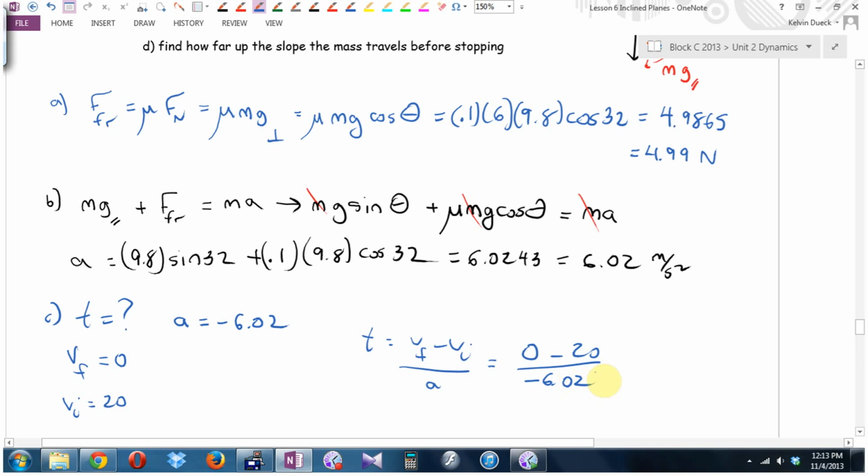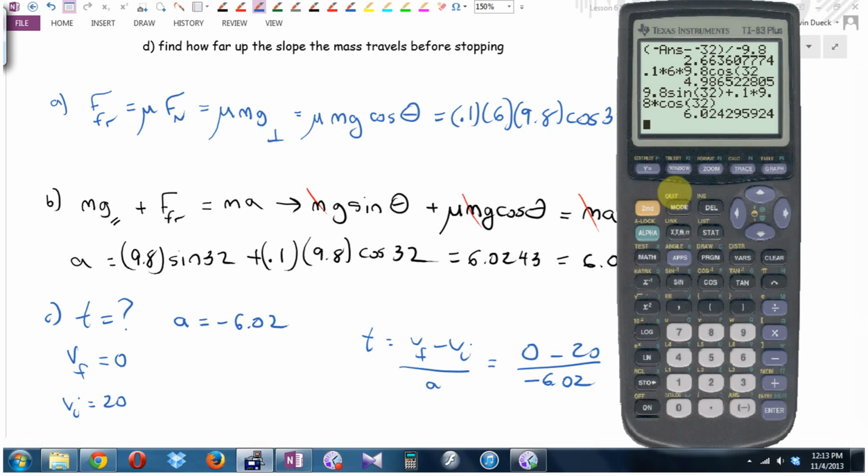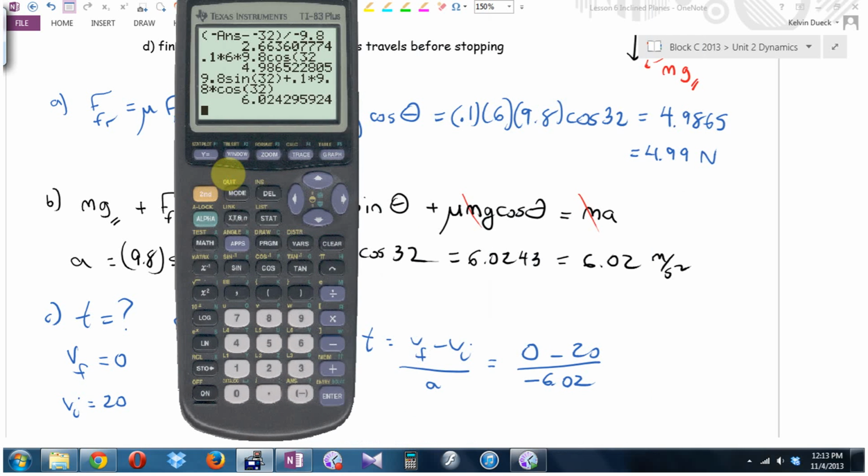Alex, what are we finding? Time, scalar or vector? Now the nice thing is, if you forgot to put the negative in for the acceleration, you would go 0 minus 20, and if you just divided by answer instead of dividing by negative answer, there is a built-in error check, because what will your time value end up being? Negative, and hopefully you'll clue in, I've goofed somewhere.